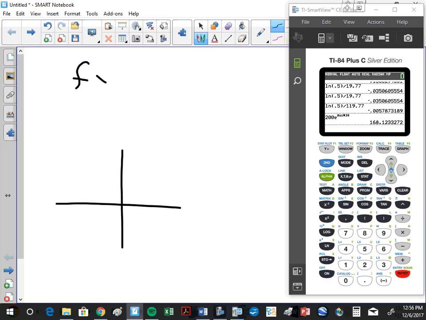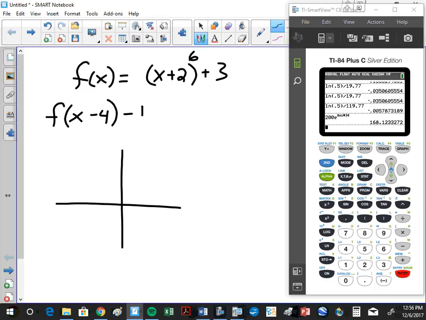If f of x is equal to x plus 2 to the 6th plus 3, and I want to graph f of x minus 4 minus 1, what is the new equation?